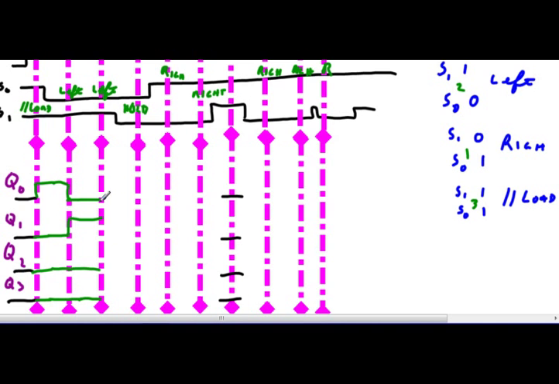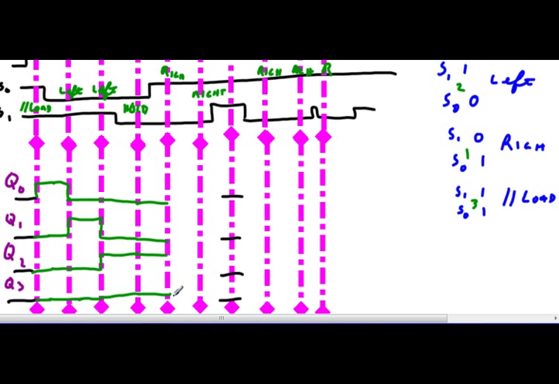I do another left shift, I shift in a 0, Q1 shifts to 0, Q2 goes high, Q3 stays at 0. I now do a hold, hold, hold, hold, and nothing happens.